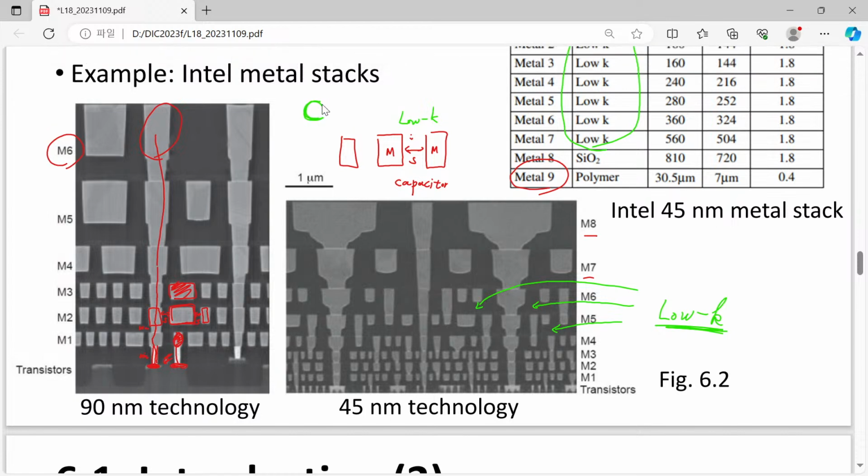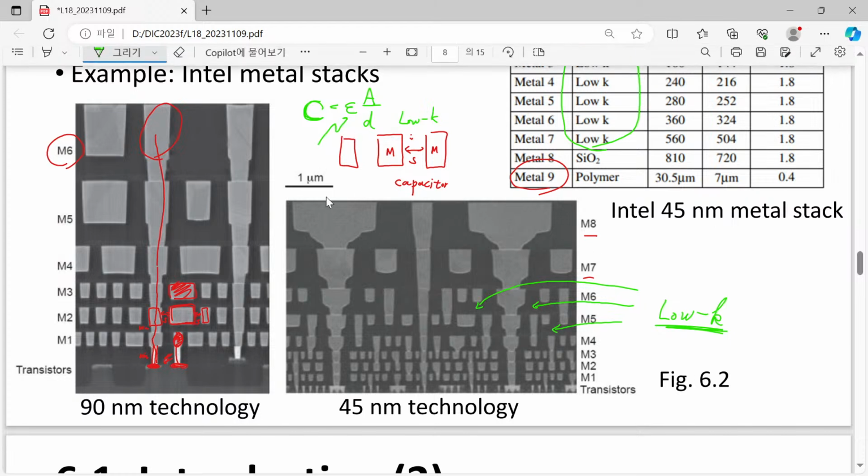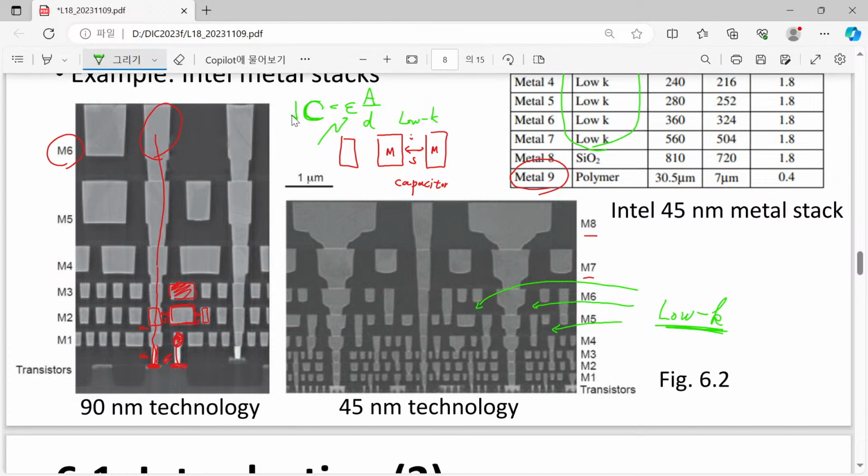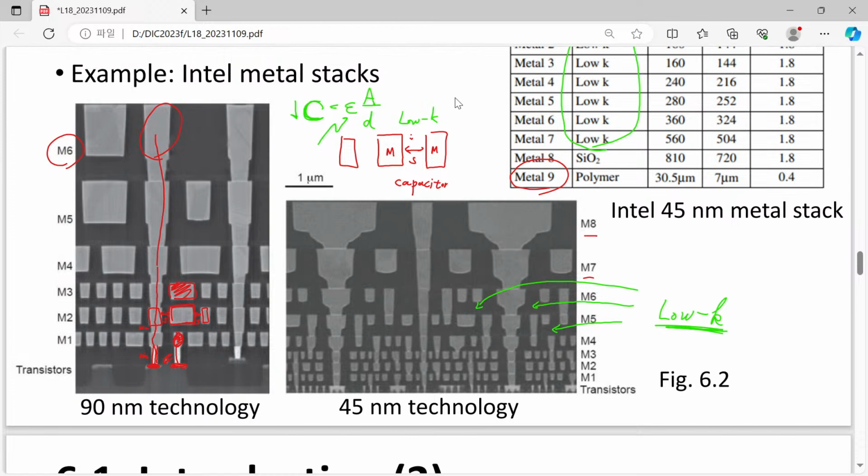Once again, capacitance is given by the permittivity, area, and the distance. In this case, we have introduced the low K material to reduce the capacitance. This is quite the opposite of the case of our oxide layer.